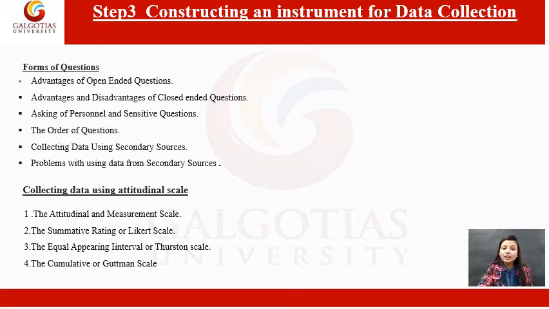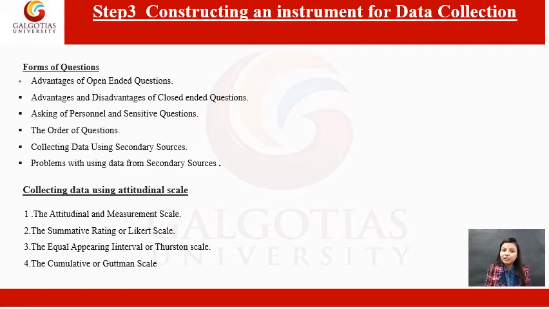Collecting data, we use an attitudinal scale. An attitudinal scale measures the intensity of respondents' attitudes towards various aspects of a situation or issue and provides a technique to combine the attitudes towards different aspects into an overall indicator.